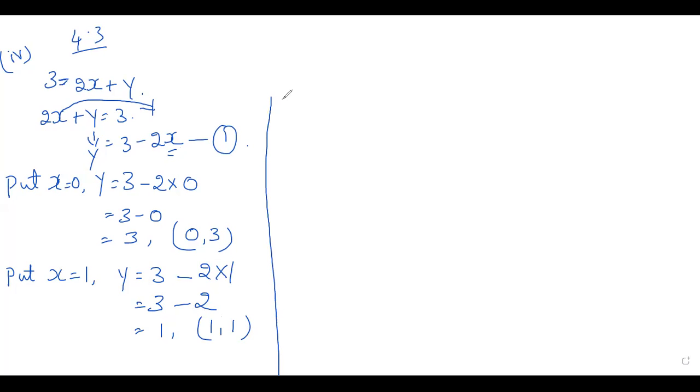Next, put x is equal to -1. Already I had told you, start with 0. You can give any number, no problem. But generally we give 0, 1, -1, +2, -2 like that. So I'm giving -1 here. Then y is equal to 3 minus 2 into x is -1.